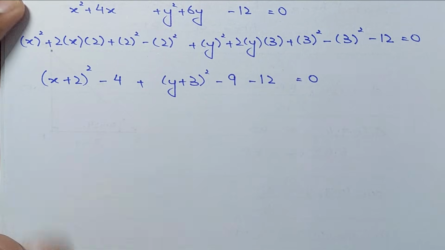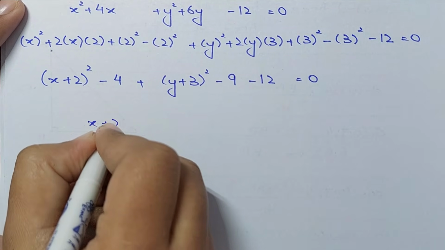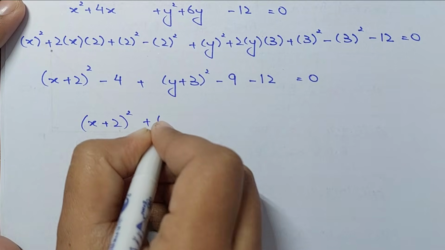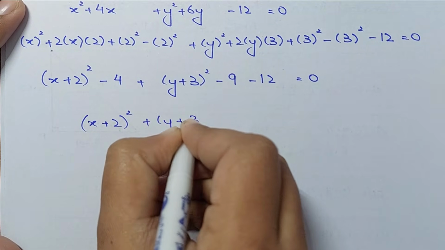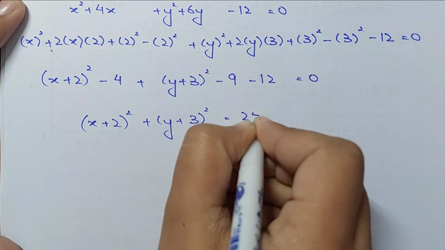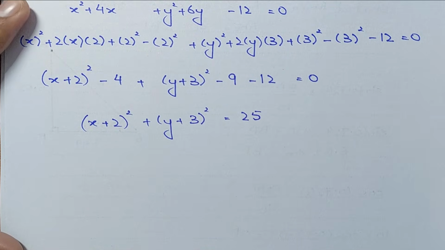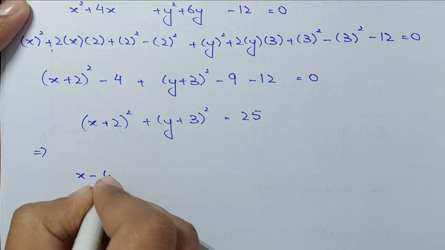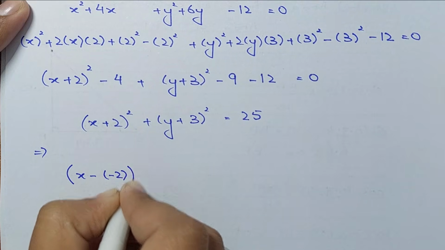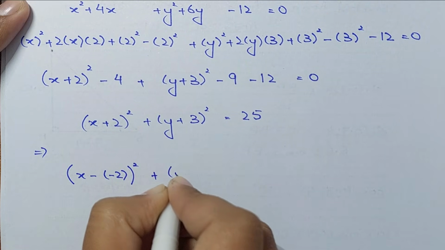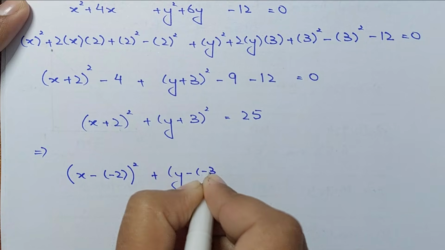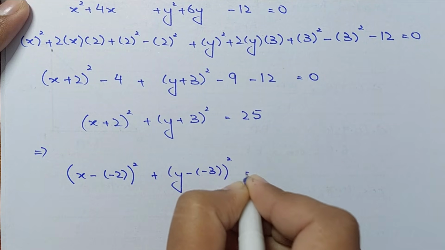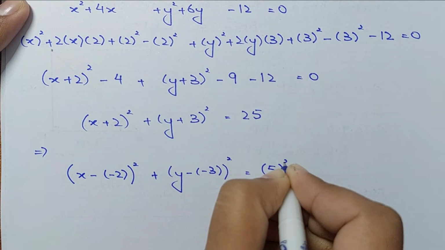So x plus 2 whole square plus y plus 3 whole square equals 25. Shift the negative to the other side, so it becomes positive, right? So this becomes x minus minus 2 whole square plus y minus minus 3 whole square equals 5 square.